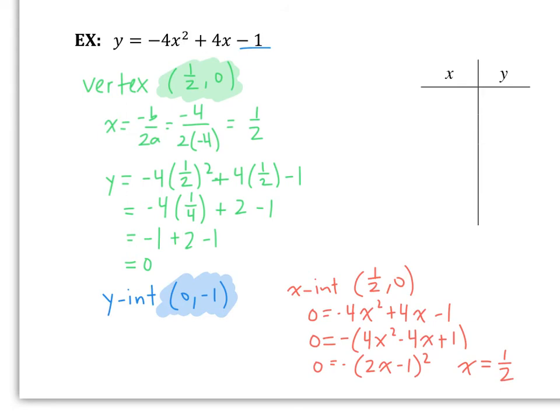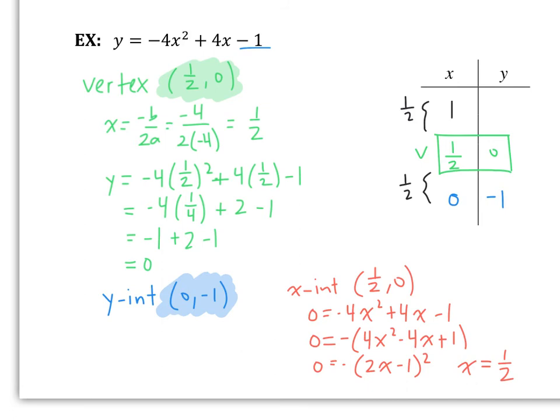Okay, so when we're getting ready to graph and we're plugging into our table of values, our vertex goes smack dab in the middle. We have our y-intercept of (0, -1). We've already mentioned our x-intercept, so that's not going to help us with our table. So we need that point of symmetry. Our vertex is 1/2 away, so then we have to go 1/2 away in the opposite direction.